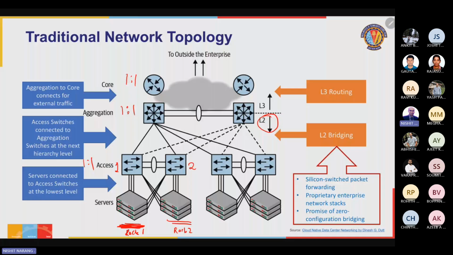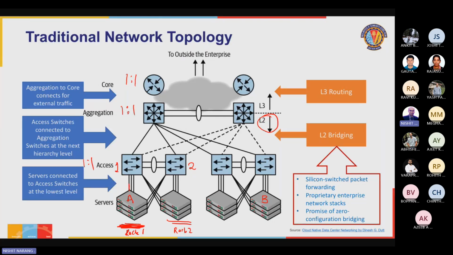But what is the cost of this redundancy? Especially when you look at broadcast traffic. The cost of this redundancy is in the cycles or multiple redundant paths that you have between any pair of servers. So pick a server A and a server B in this architecture. How many paths do you see from A to B?